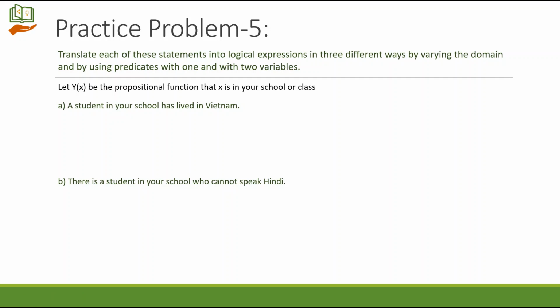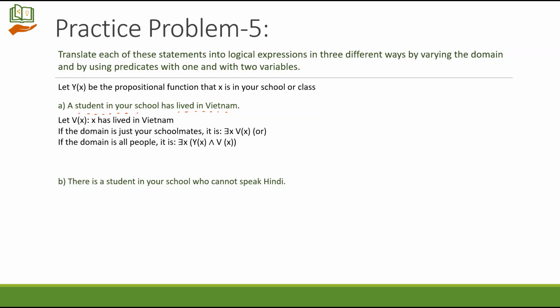So we are going to consider a student in the school or class as y of x. Now we will go to the first statement. A student in your school has lived in Vietnam. So we can say y of x represents a student in your school. Let's take v of x as x has lived in Vietnam.